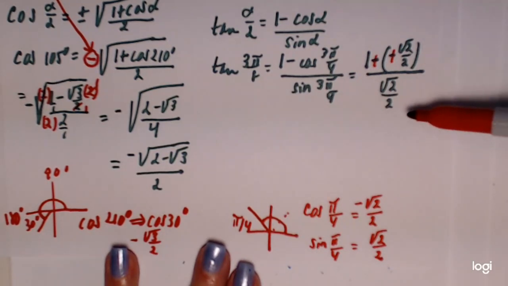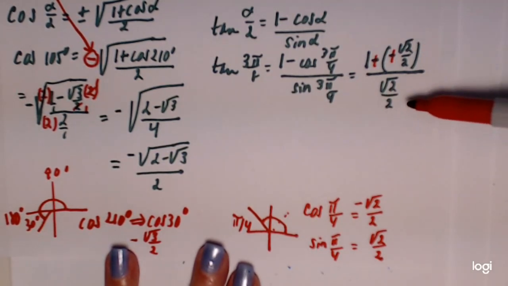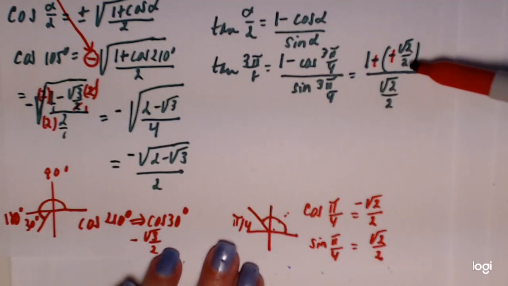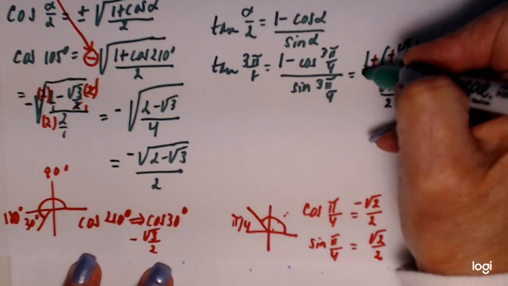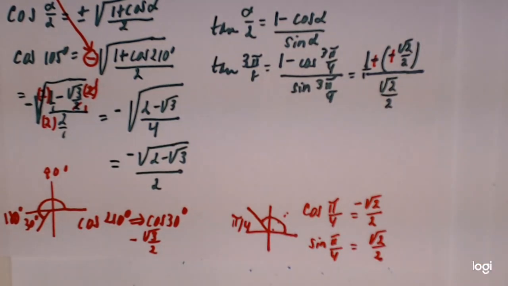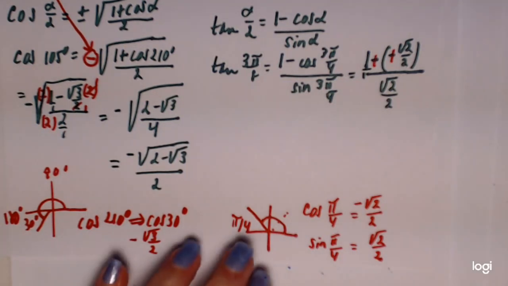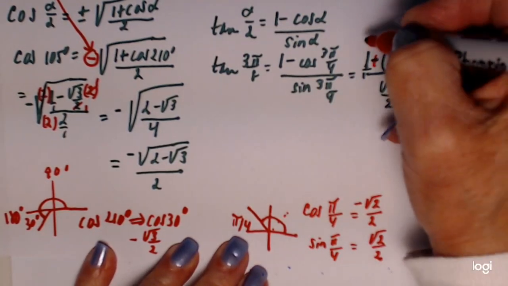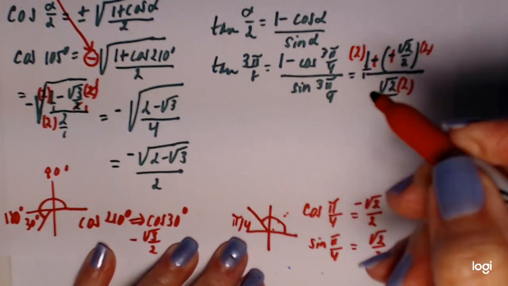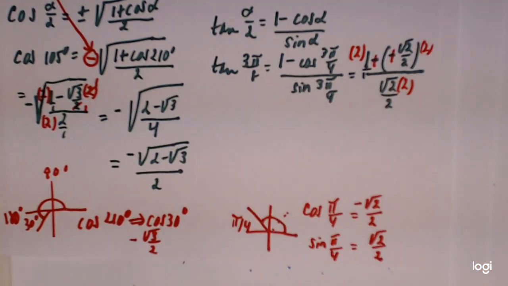But again, we have this complex fraction going on where we have 2 and 2 in the denominator. And just to be consistent, I'll put this over 1 to show everything is a fraction. And similar to the previous example we did where the denominator we needed to deal with and get rid of is 2, we're going to multiply everything here by 2 also, all terms in the numerator and all terms in the denominator.